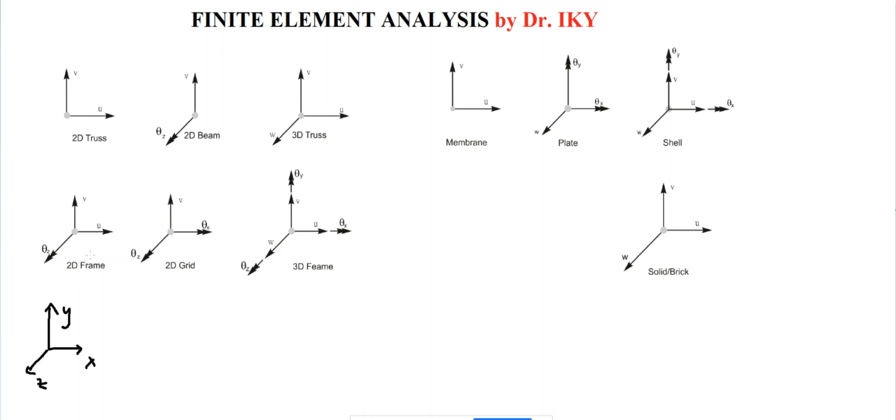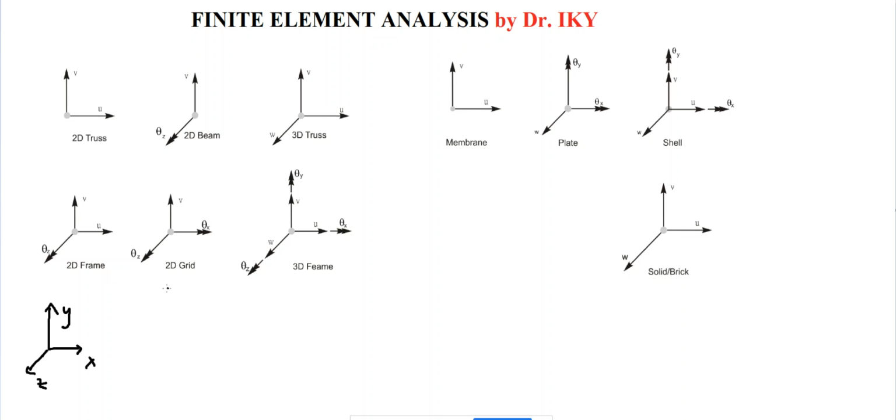And for the 2D frame, it is again a kind of beam. But this time, frame. You can use a few beams at the same time. So we have got one displacement u, the other displacement v, and rotation around z is theta z.